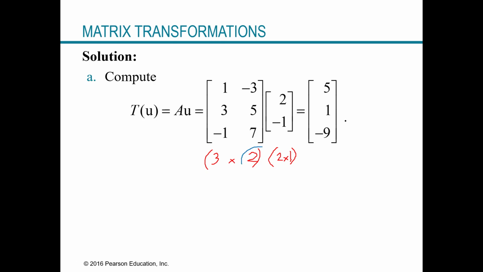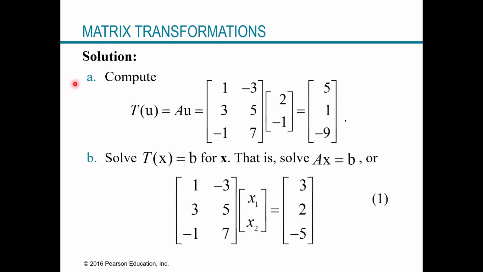And so first we're able to do this multiplication because these match. The columns of A match the rows of B, or U in this case. So then the resulting vector is actually this size here. So if you put these two together, look at your result. It is a 3 by 1. So this is kind of a quick way to just check that you're doing everything correct and that you have the right size result when you do your multiplication. So that's it for part A.